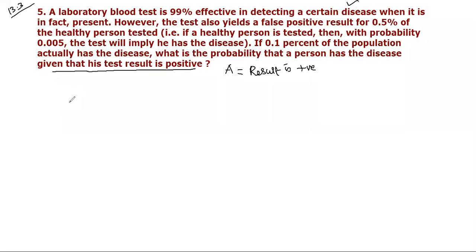99% E1 is actually has disease, and E2 actually does not have disease.